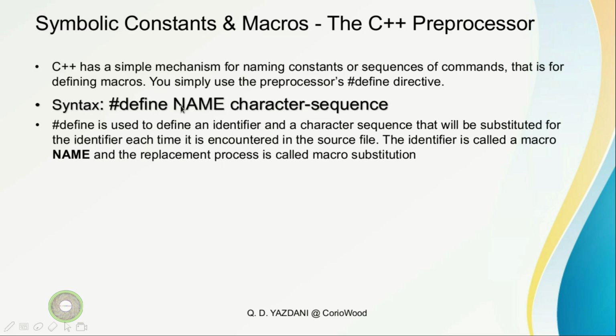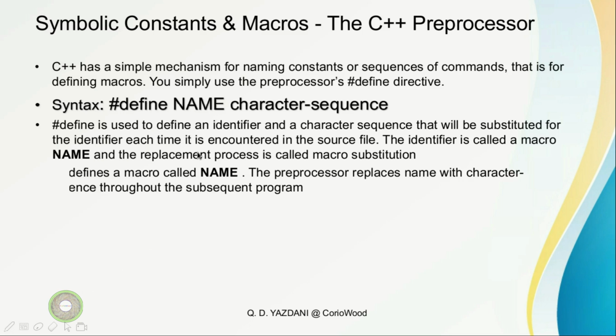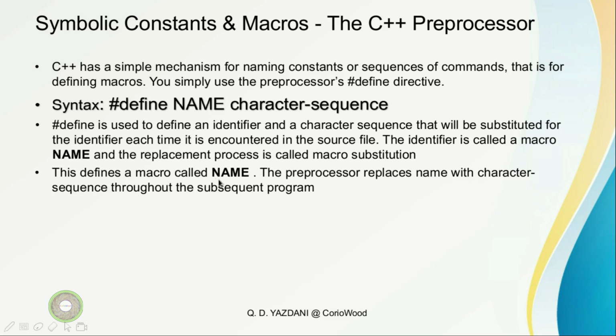This area is called the name. In this section you can put 1, 2, 300, 200,000, a pi, a radius, any integer you like, as long as it is glued to the name. As soon as C++ encounters the name, it executes whatever is written here. In our case we put a name, so this defines a macro called name.